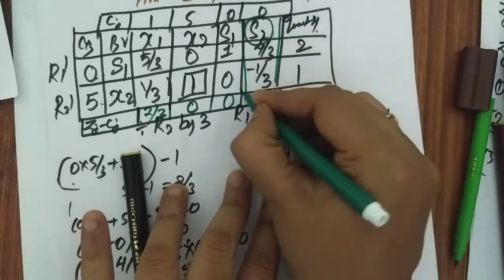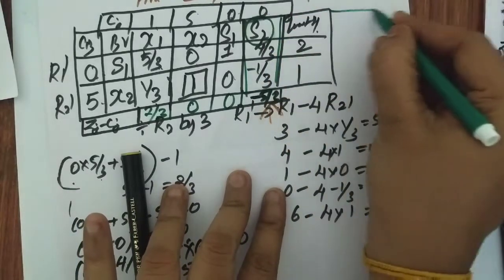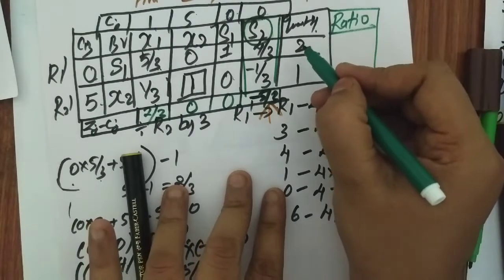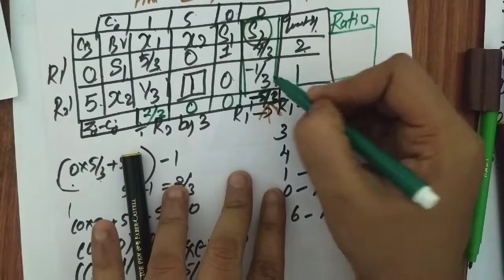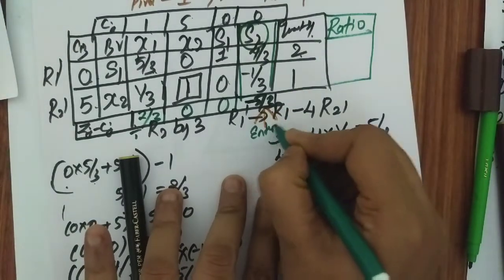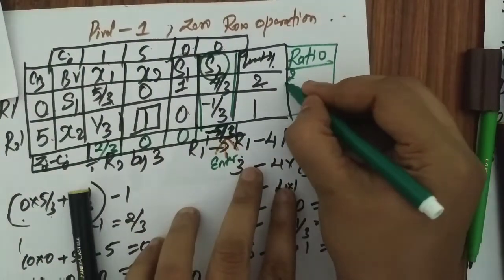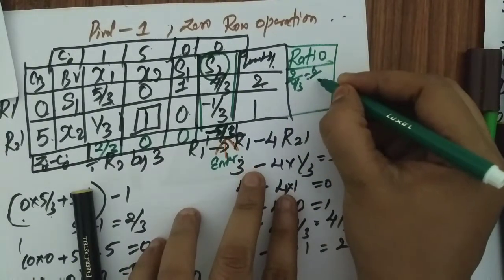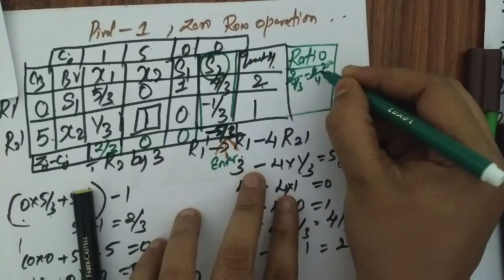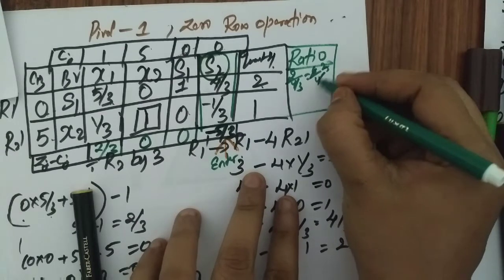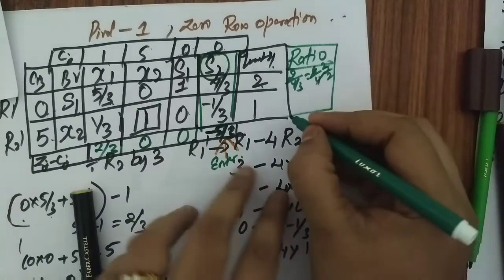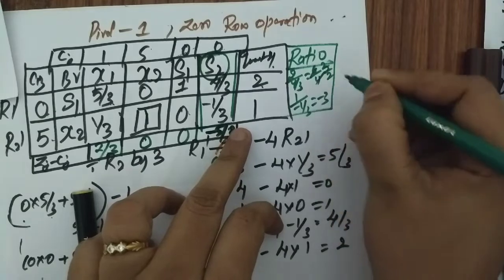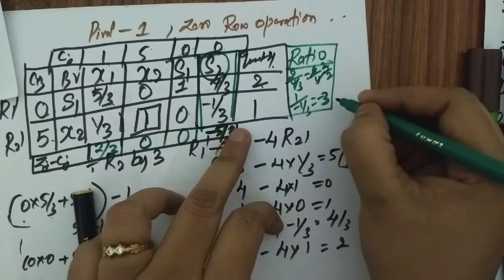Since this is the entering variable, kindly check its ratio. Ratio is nothing but quantity divided by the entering variable. So it is 2 by 4 by 3, so it can be written as 6 by 4. Here what do I have? 1 by minus 1 by 3, which is minus 3.